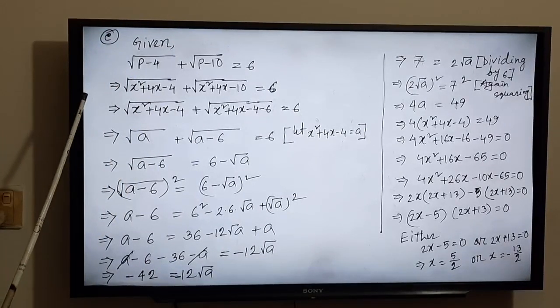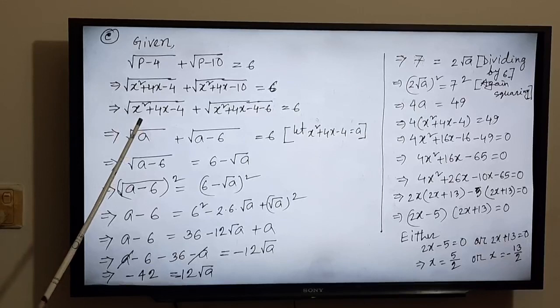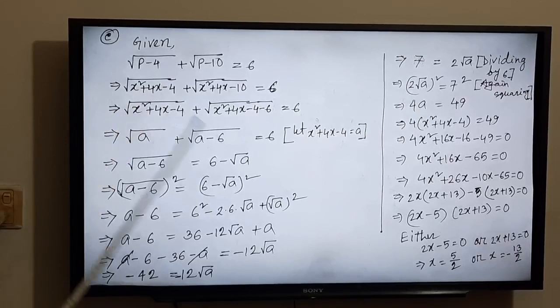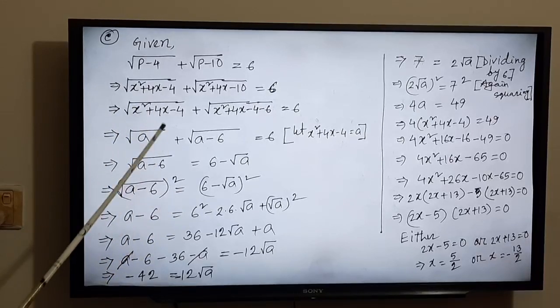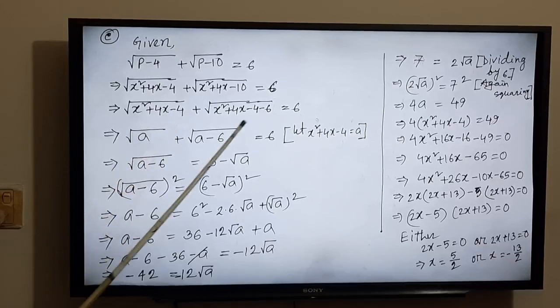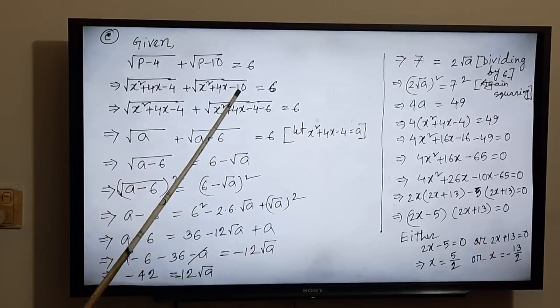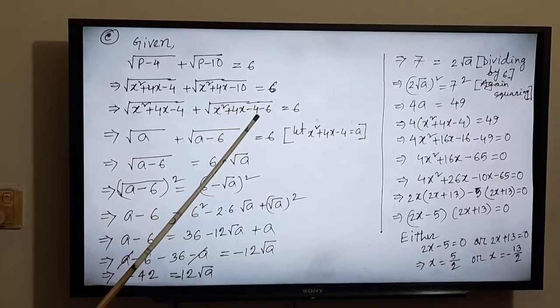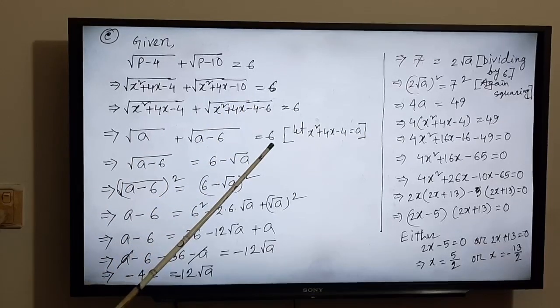The solution system of question number 7 and this creative C is also the same procedure. Okay, this is A and this is minus 10, we can write it minus 4 minus 6, then this is A minus 6 is equal to 6.